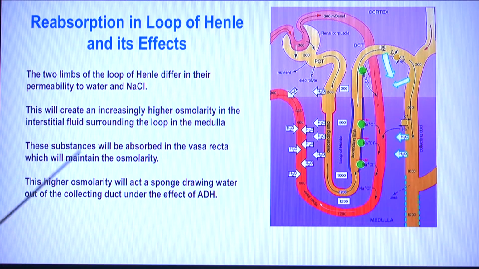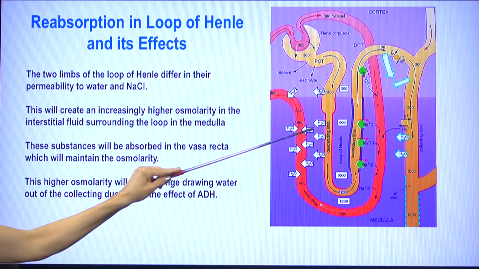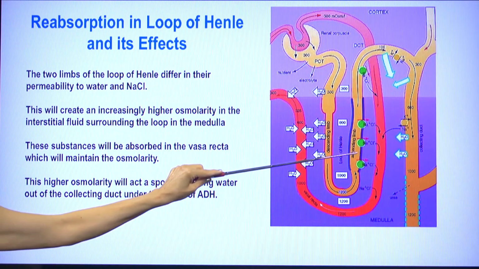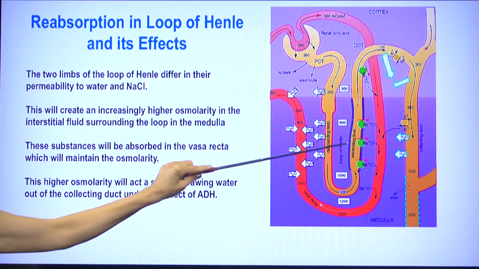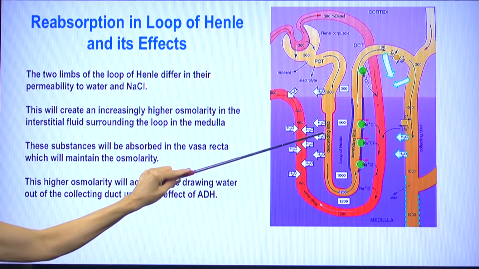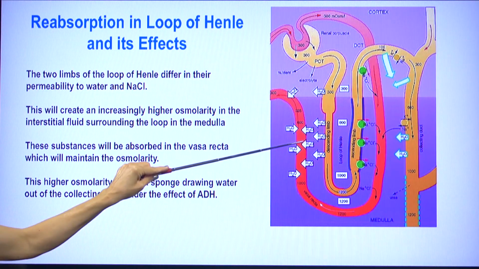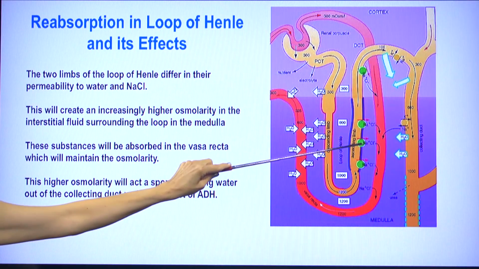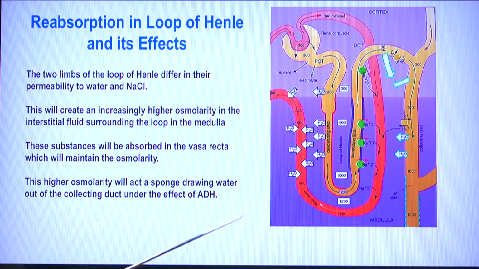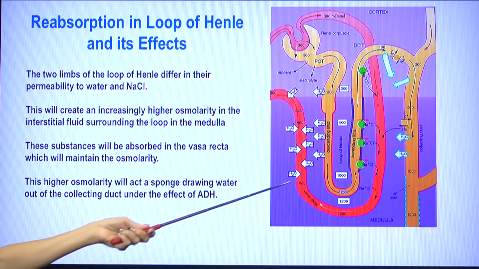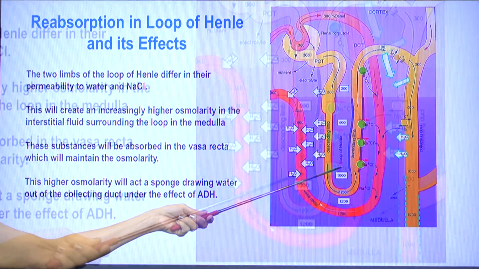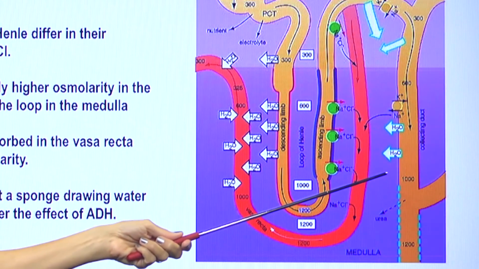We're going to quickly just summarize the three effects we just mentioned that happen in the loop of Henle. Because of the difference in the permeability of those two sides, we are reabsorbing water from the descending, we are reabsorbing sodium chloride from the ascending. This will create a higher osmolarity in my interstitial fluid.